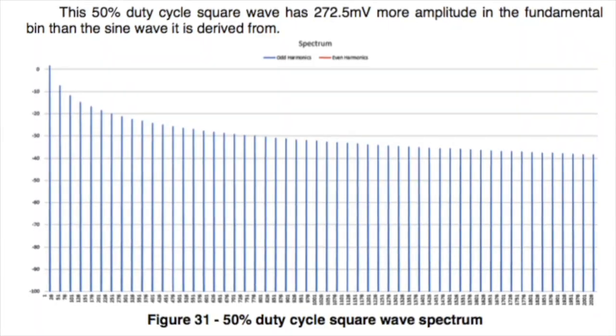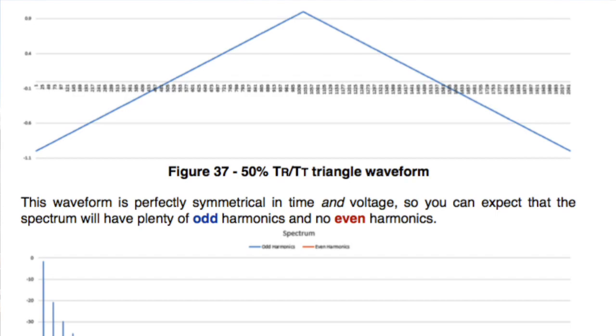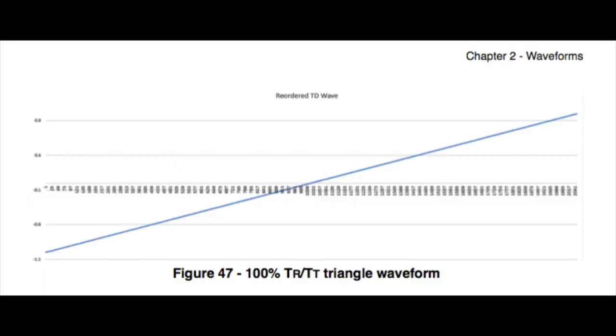Okay, so square wave harmonic roll-off is 1 over the harmonic number. What about a triangle wave? It's a little different. Read chapter 2. But in chapter 2, I evolve a triangle wave into a ramp wave. What is it for a ramp wave?